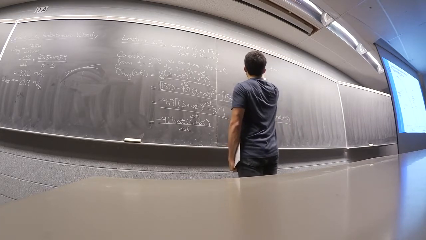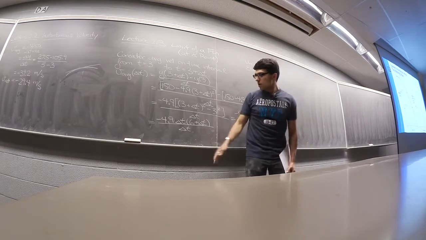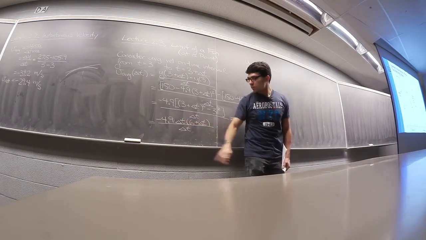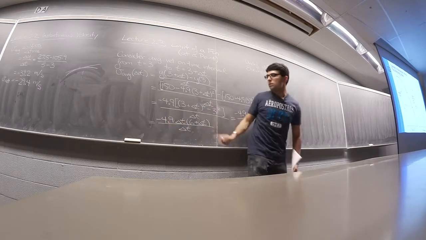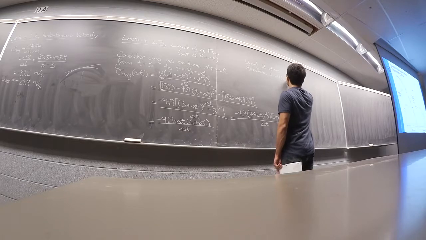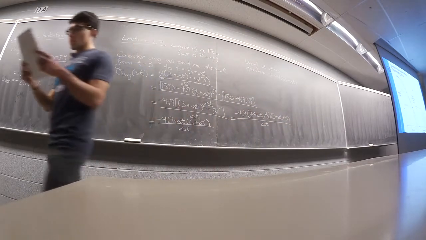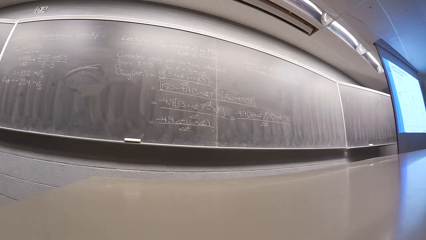Elsewhere, it's equal to what? When delta t is not 0, just cancel out delta t, and you're left with minus 4.9 times 6 plus delta t. This works if delta t is positive or negative.